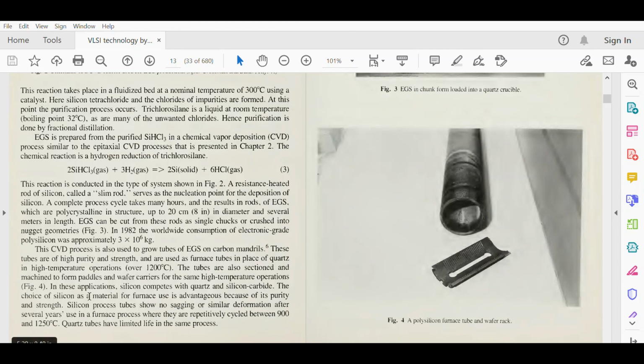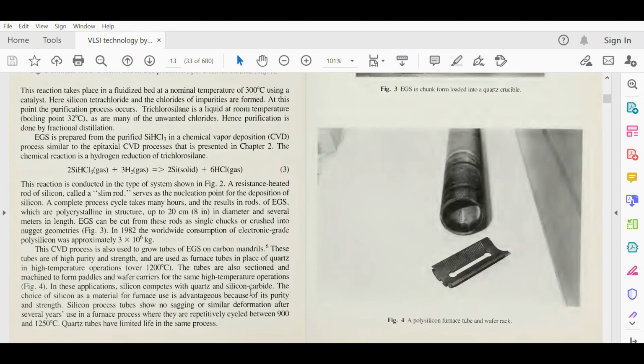The choice of silicon as a material for furnace use is advantageous because of its purity and strength. Silicon process tubes show no sagging or similar deformation after several years used in a furnace process where they are repetitively cycled between 900 to 1250 degrees centigrade. Quartz tubes have limited life in the same process.